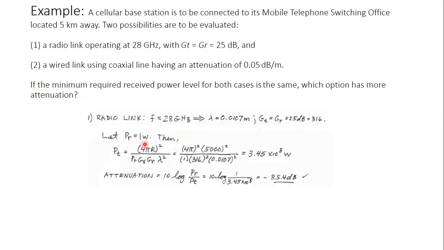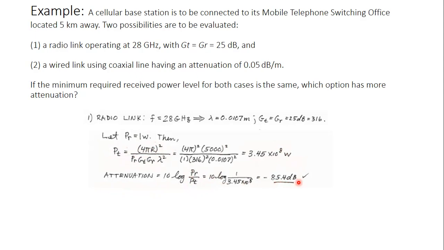If we suppose that the received power level is 1 watt for both cases, then the power transmitted can be found from this Friis transmission formula, which will be 3.45 times 10 to the power 8 watts. And if we calculate the attenuation from here, which is 10 log of received power divided by transmitted power, or in dB we can just do Pr minus Pt, this is minus 85.4 dB attenuation in this radio link.